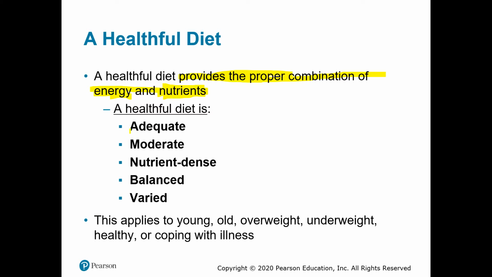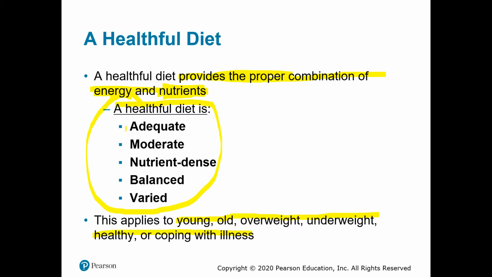There are 5 terms that your book likes to use, and I'll be honest, I like to use them too, that we can use to describe a healthy diet, no matter who you are, no matter whether you're old, young, overweight, underweight, healthy, or dealing with an illness or disease currently. Where the dietary reference intake values were really only based on healthy people, this definition of a healthy diet is based on anybody, anywhere, anytime.